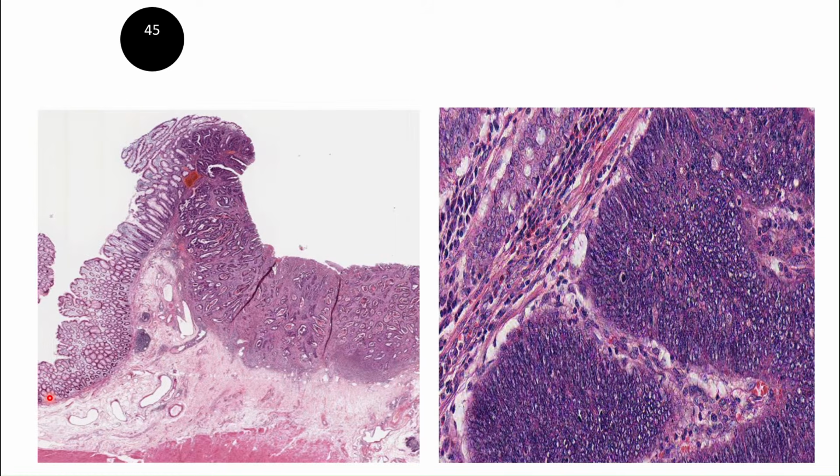In this slide, identify organ by this mucosa. So this is intestinal mucosa. This is a normal part of intestine, but from here you can appreciate some growth, and this growth showing thickened wall of intestine infiltrating into the submucosa, many multiple glands of varying size and areas of fibrosis and necrosis.